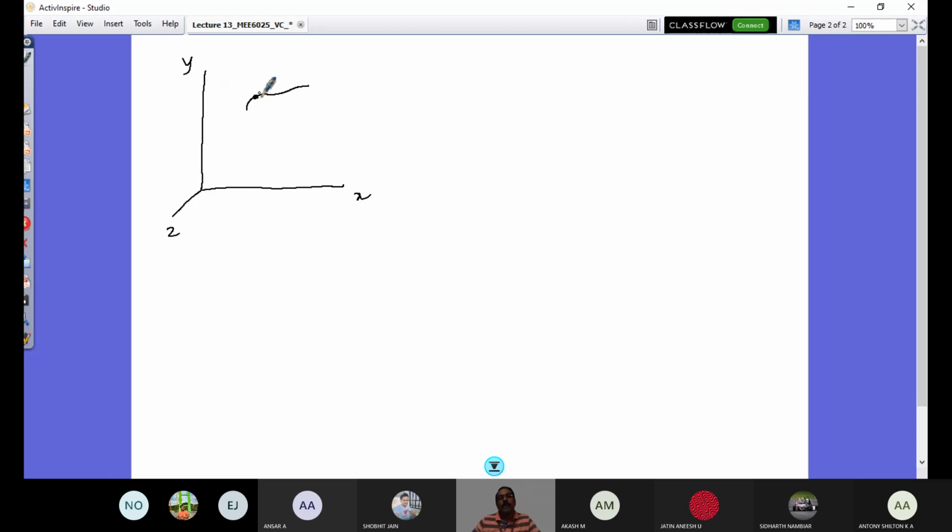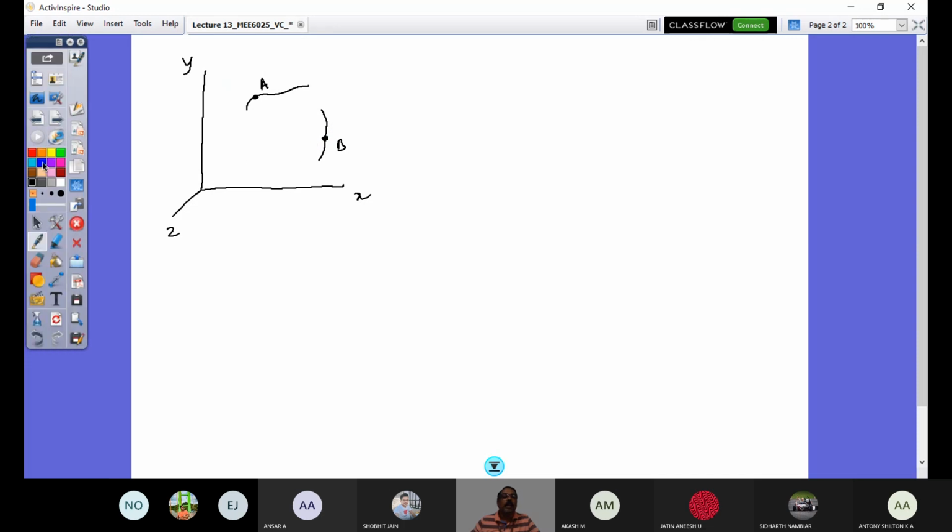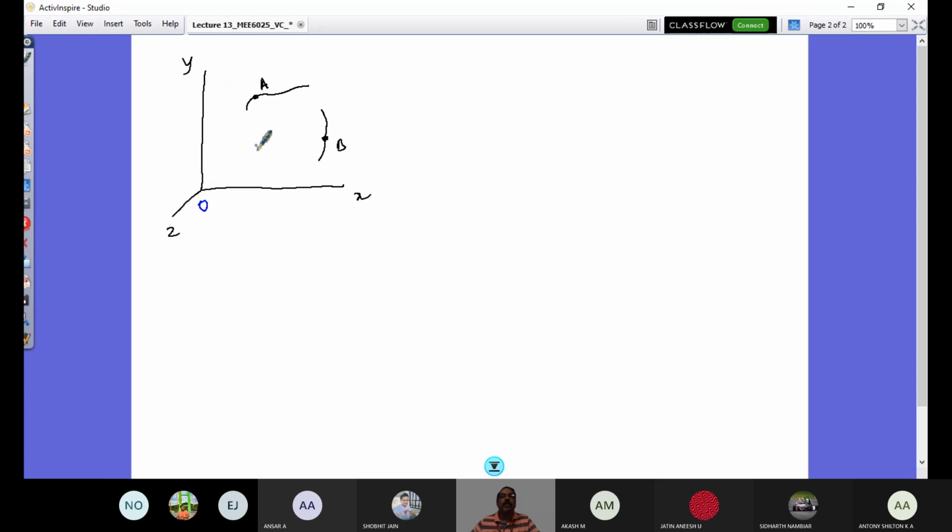I have here a vehicle A, and another path with vehicle B. These will have their velocities, their motion along these paths. The position at any point of time can be represented with respect to space. Space is one of the fundamental concepts of mechanics.